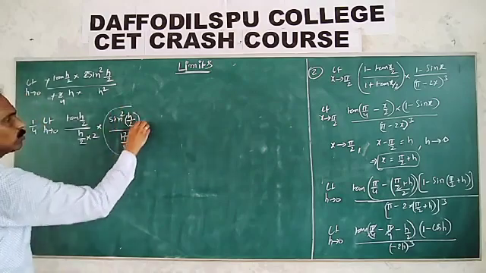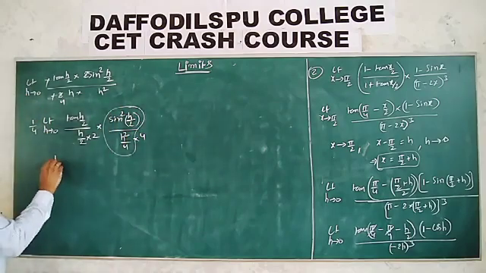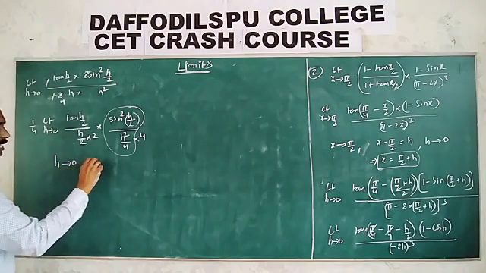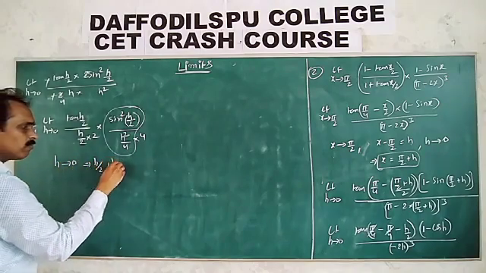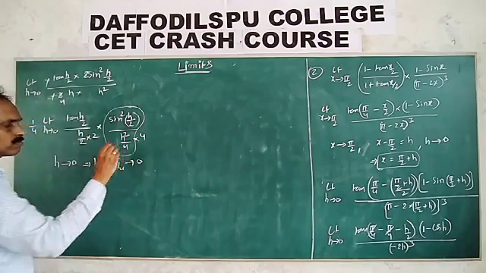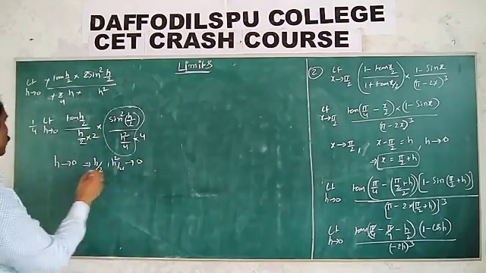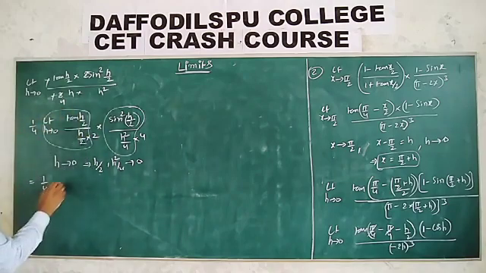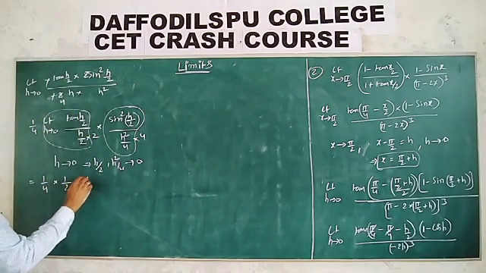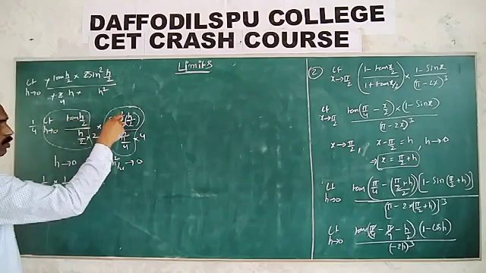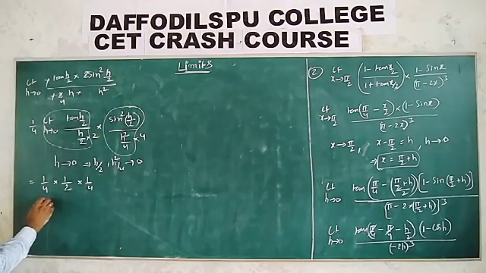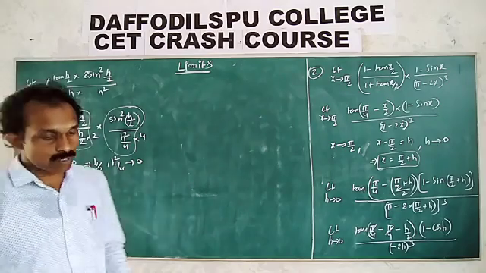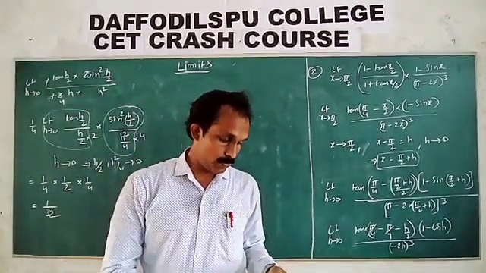So as h tends to 0, h by 2 and h by 4 also tend to 0. Therefore 1 by 4 this value into 1 by 2 into 1 by 4, 1 by 2 convert. So finally this value is equal to 32.